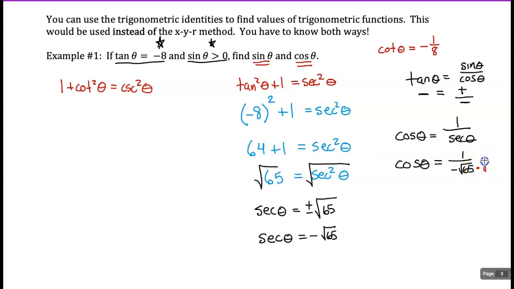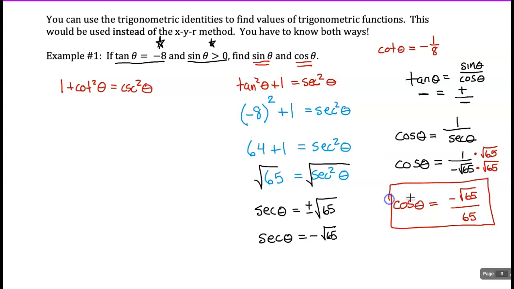So I would multiply the top and bottom of the fraction by root 65. And so that result would be that the cosine of the angle is equal to negative root 65 over, and then root 65 times root 65 is 65. So finally, after all of that, we now know the cosine of this angle.